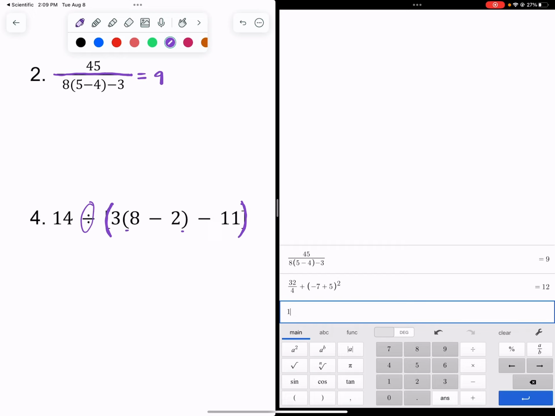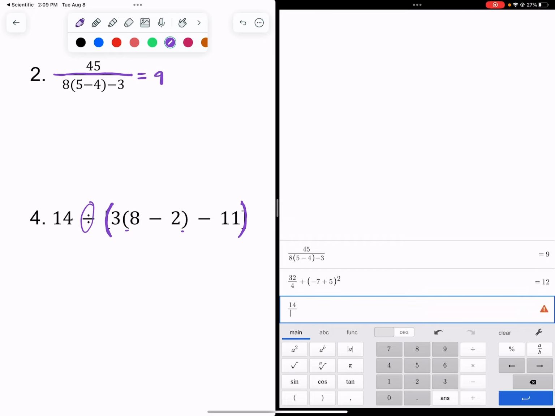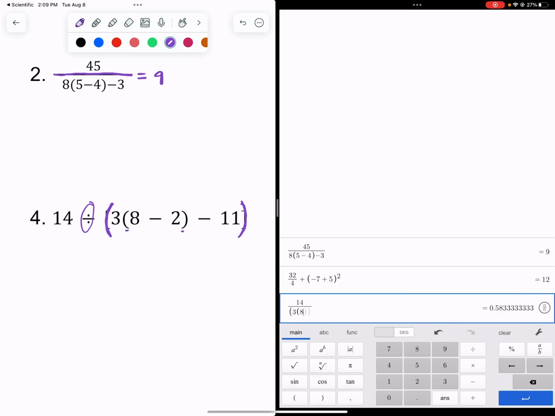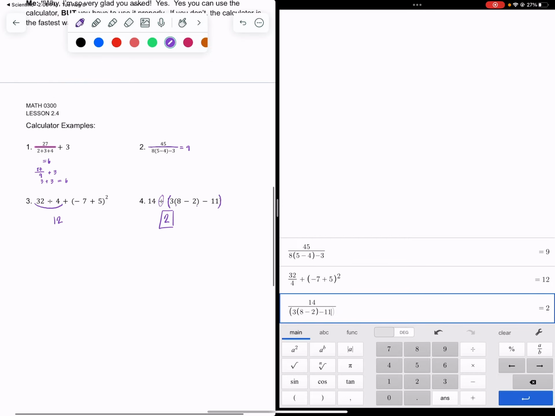We're going to start with a 14 divided by, then I'm going to put in, if you want to do it, you can stack your parentheses. Just pay attention when you do it. So Desmos is a fabulous tool as long as you know how to use it.